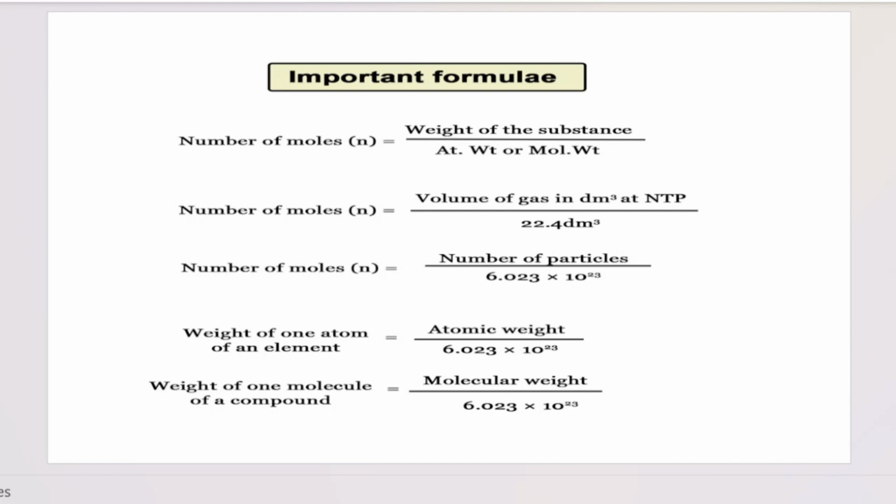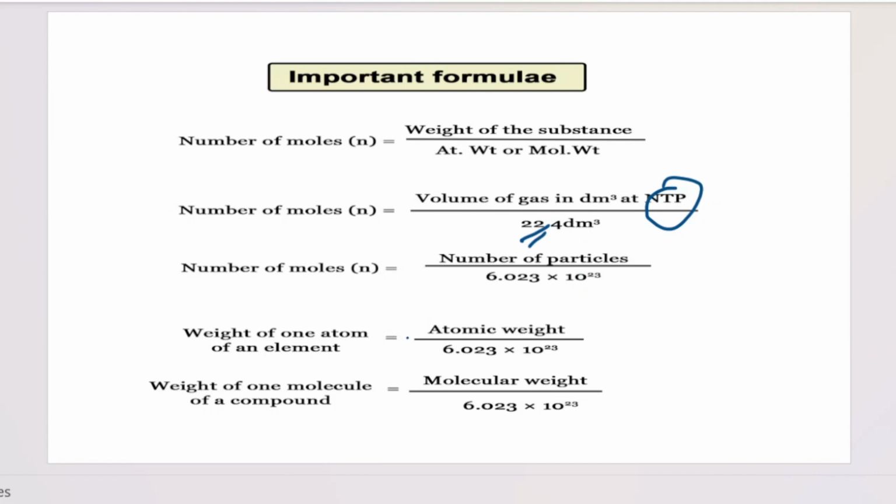Children, here you can see the important formulae. Number of moles n is equal to given mass upon atomic mass or molecular mass. Number of moles is equal to volume of gas at normal temperature pressure conditions upon volume of gas under standard conditions.